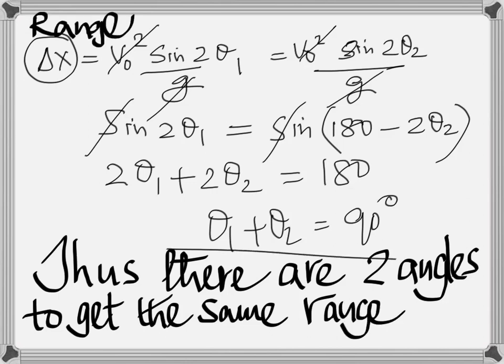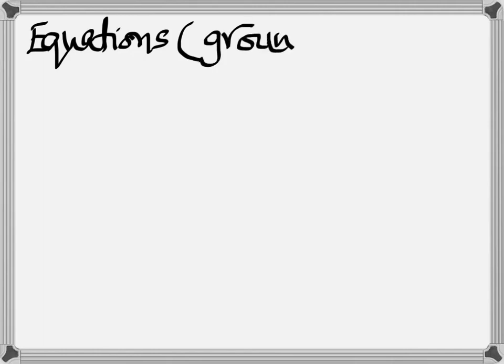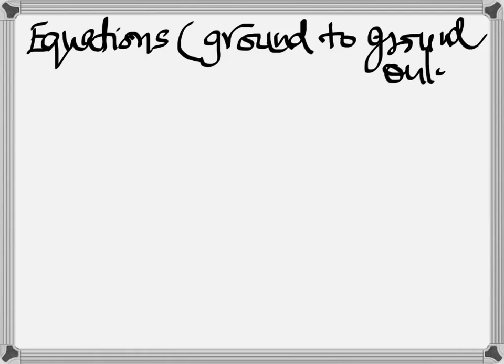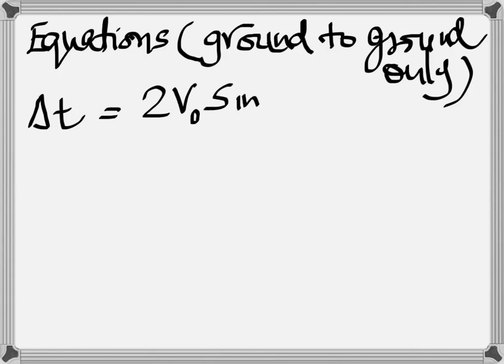The horizontal displacement is called range. Here I am trying to give you some ready-made equations that only work when the projectile goes from ground to ground or lands back on the same horizontal level. For the time of flight, it's 2v0 sine theta by g.